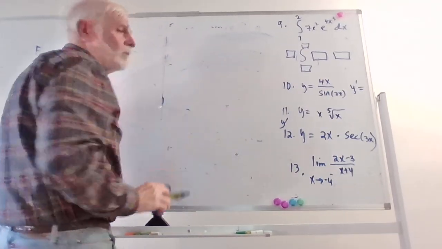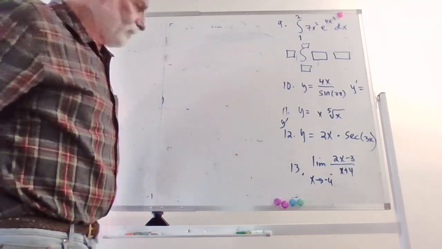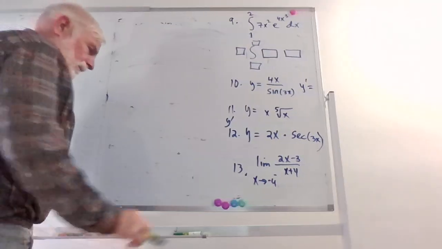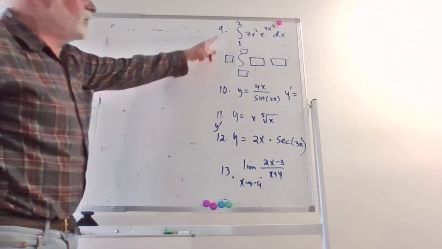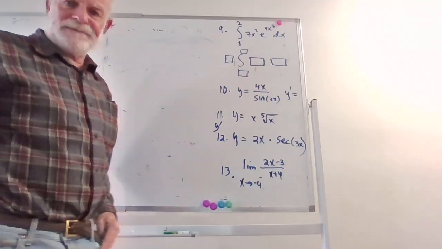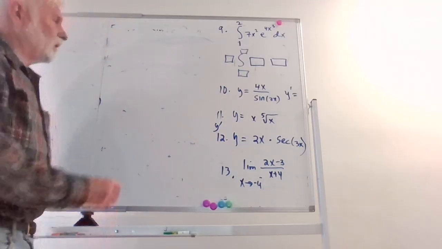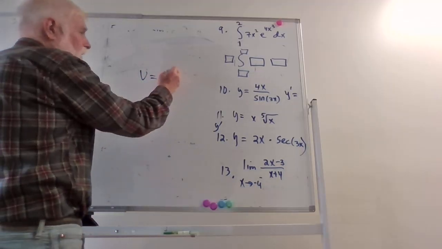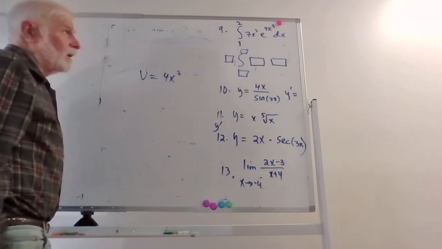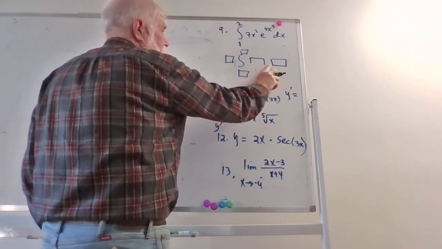All right, can you change the limits of integration? Haven't done that much at all. Can you change the limits of integration and fill in the boxes? Well, you've got to pick a u, right? I'm seeing u as 4x cubed. So it looks like this is an e to the u problem.